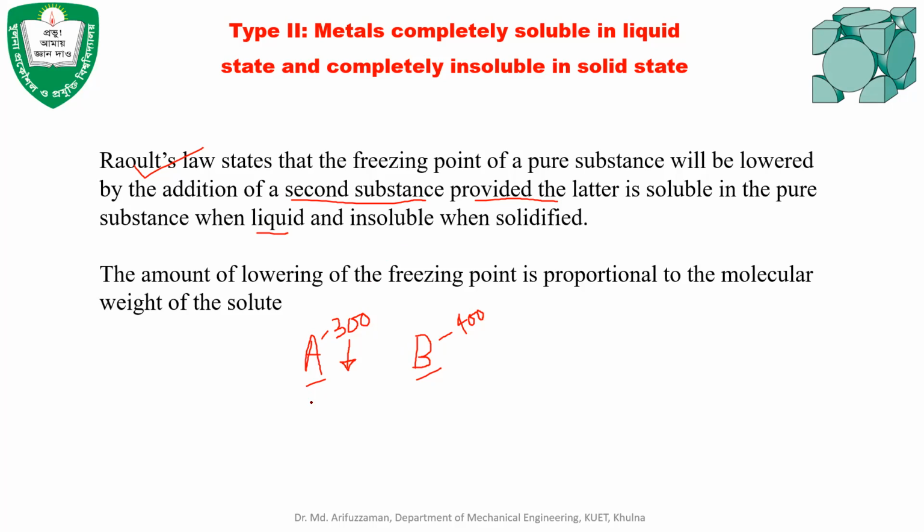That means B will be separate from A. That is the condition. If this condition is satisfied, then if we add B to A, the freezing point temperature of the system will decrease. We'll see this with an example in the later slides.